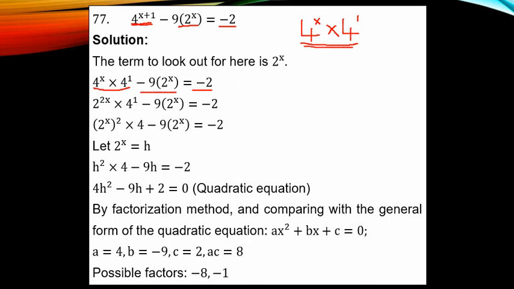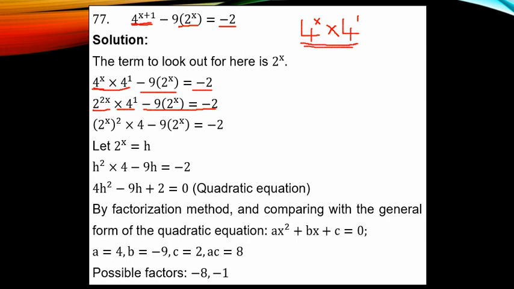Since we are targeting 2 power s, we can express this 4 that carries s in base 2, that is 2 power 2 now. 2 power 2 then times s, you have 2 power 2s multiplied by this, and the other terms follow.